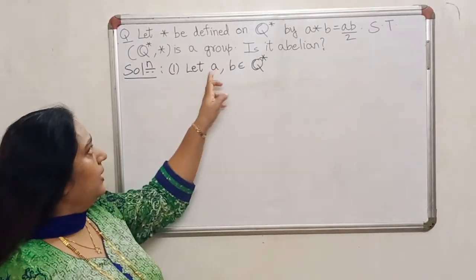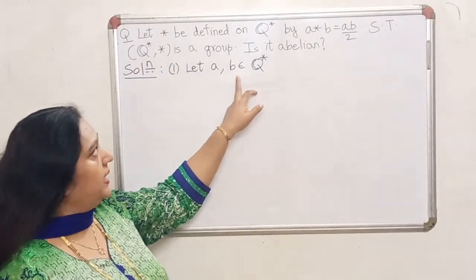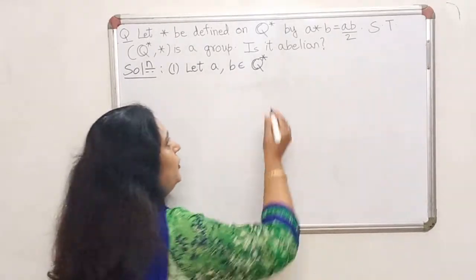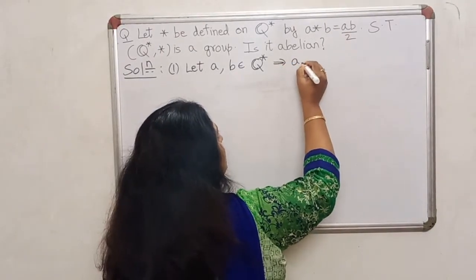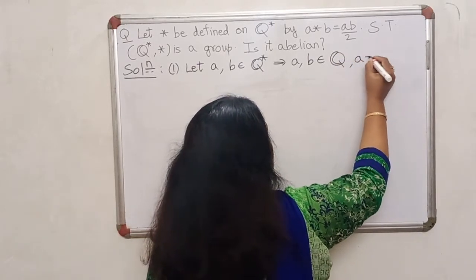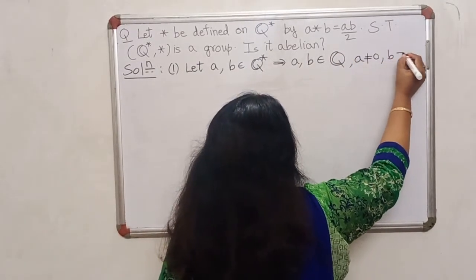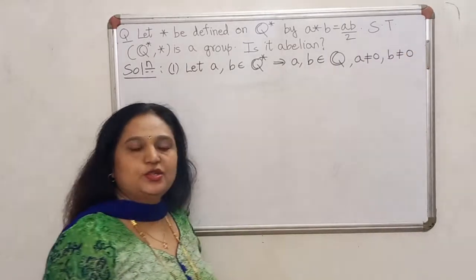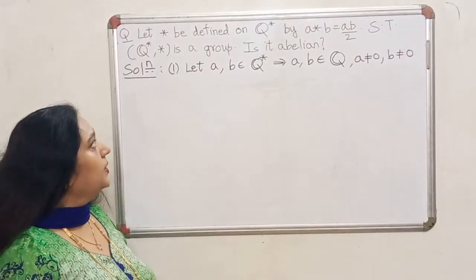So let's again look at this. What do I mean by saying A and B are elements of Q star? It means two things. It means that A and B are rational numbers, but A is not equal to 0 and B also is not equal to 0.